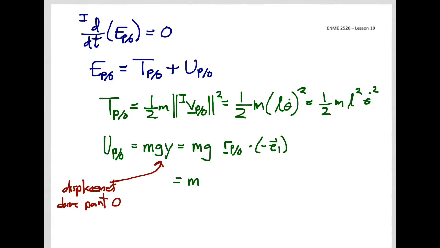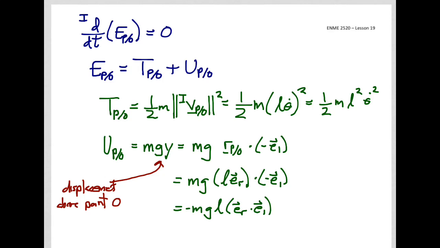So let's fill this in. This would be mg, and then our position vector is L in the ER direction. This is dotted with the negative E1 direction, which means we have negative mgL, multiplied times ER dotted with E1.